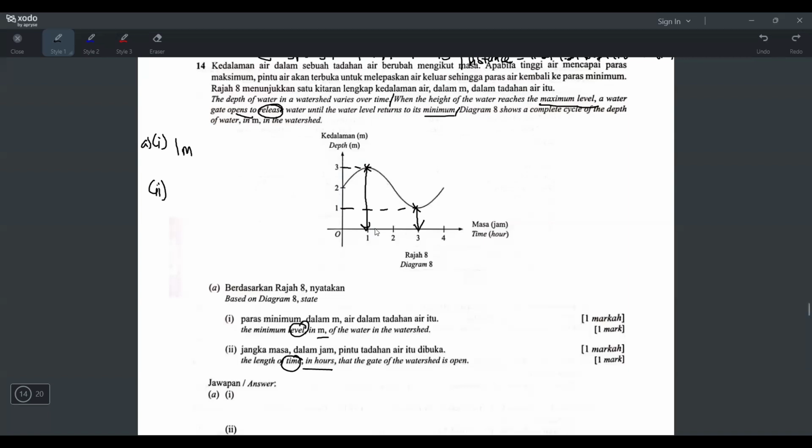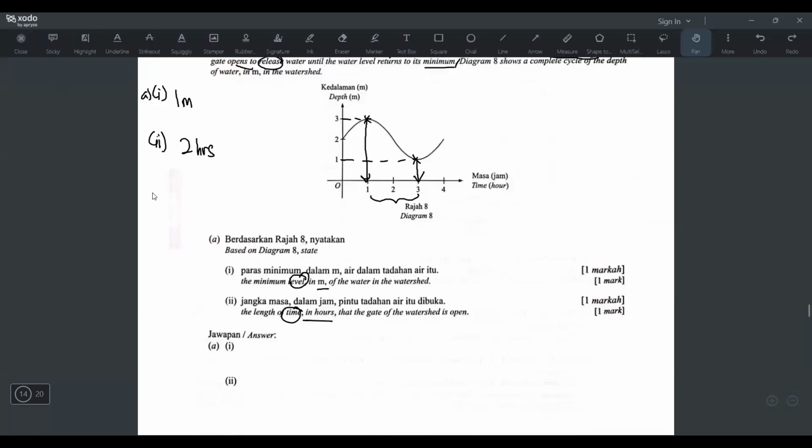So the time will be the difference here, 3 minus 1, so you will get 2 hours. That means the gate opens for 2 hours. Then the gate closes back, and the water level rises again here.